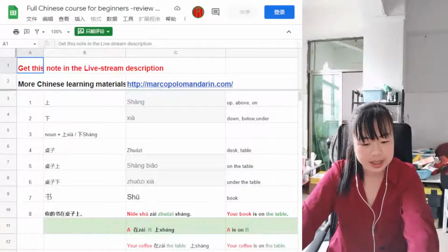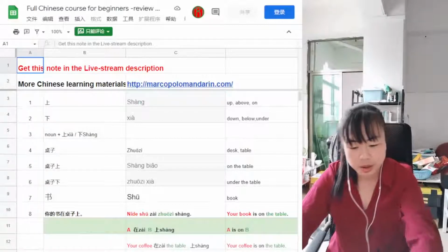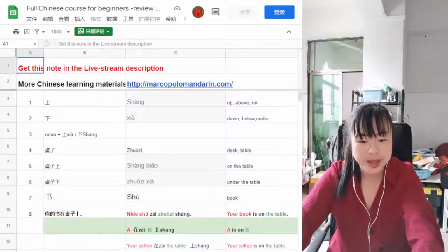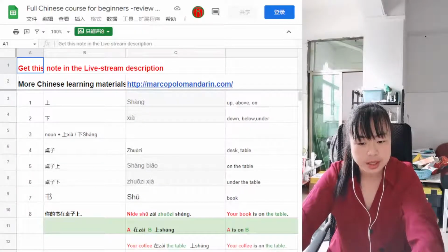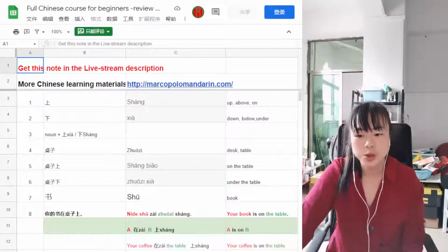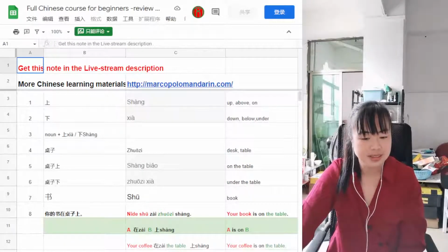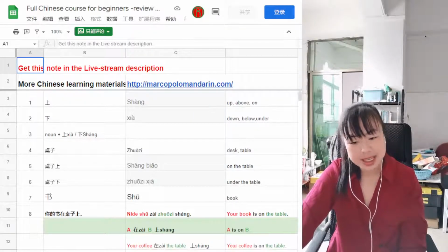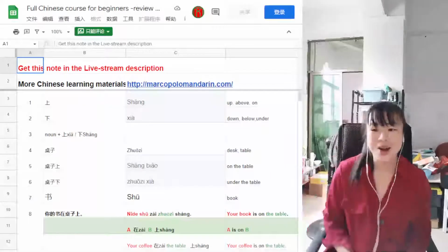I also mark this sentence with colors so you can see the pattern clearly. 你的手机在桌子下。Okay, that's it. Easy? Easy, right?